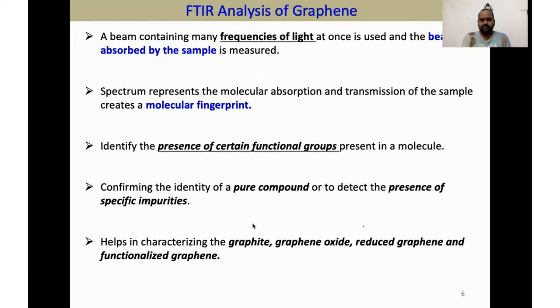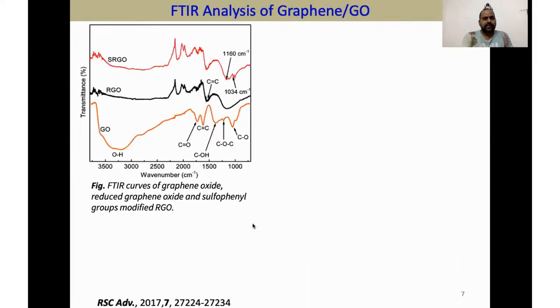In Raman, we can get this difference, but not exactly clear-cut. But by FTIR analysis, we can get clear-cut identification of graphite oxide, reduced graphene, and functionalized graphene. So this is one data set which can give a clear-cut idea about differentiation between graphene types.